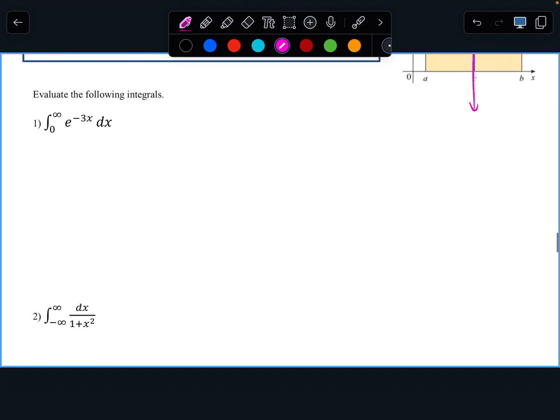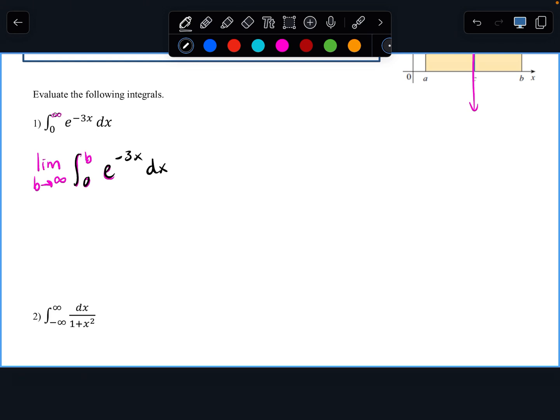So here you should look at that and be like, oh, infinity, this is improper. So what you do to rewrite it is you write the limit, and because it's in the upper bound, I do b approaches infinity, and you replace it from 0 to b, e, I should keep this the same, e to the negative 3x dx.